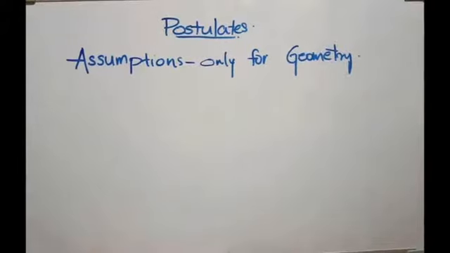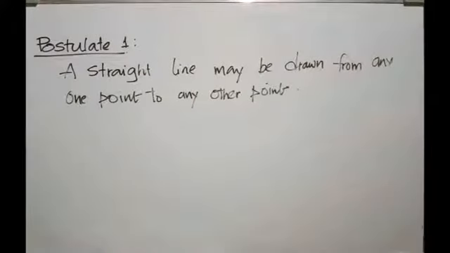The assumptions which are specifically for geometry are known as postulates. So what are postulates? Postulates are the assumptions meant only for geometry. So here let's discuss 5 postulates before going to the axioms. Postulate 1. A straight line may be drawn from any one point to any other point.